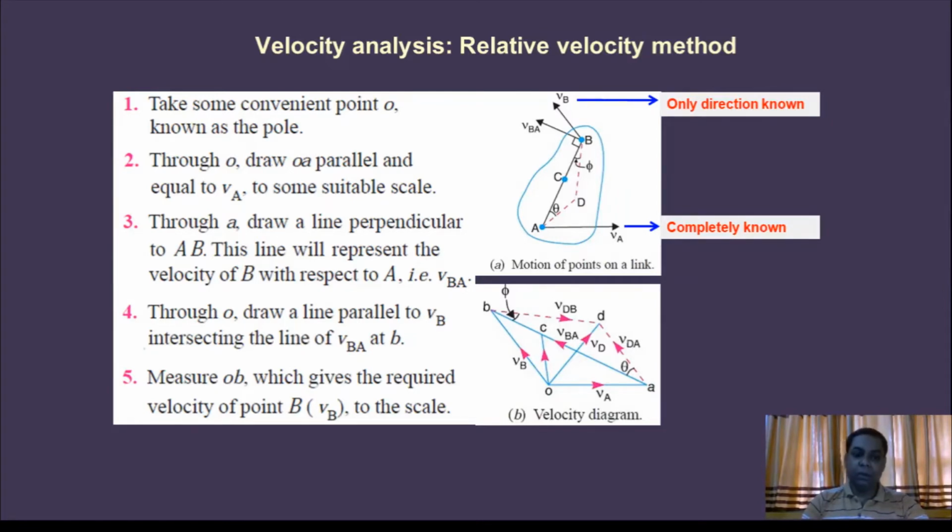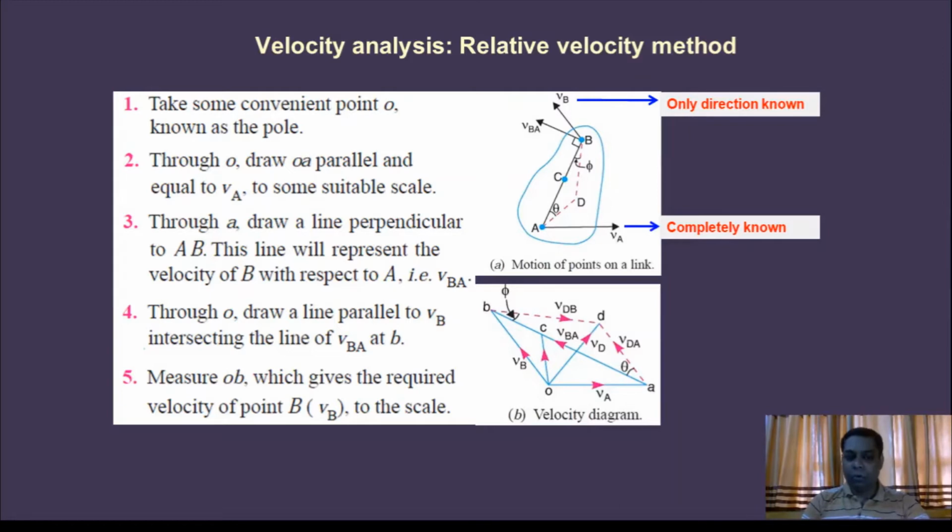Then through point A, draw a line perpendicular to capital AB. Capital AB is the actual length of the link. So through point A, draw a line perpendicular to AB. This line will represent the velocity of B with respect to A, that is VBA, as we have already discussed in the previous slide.